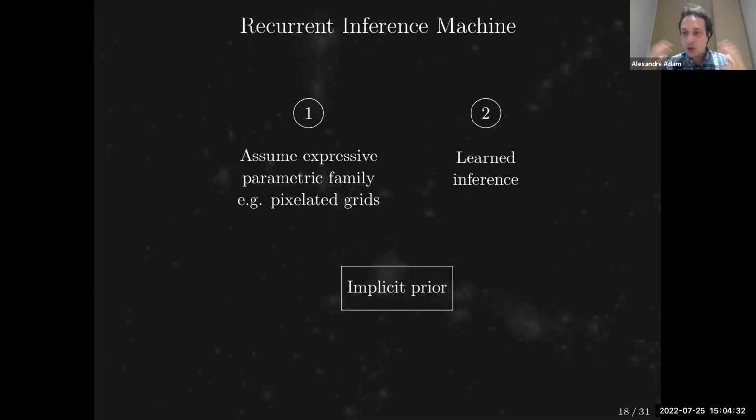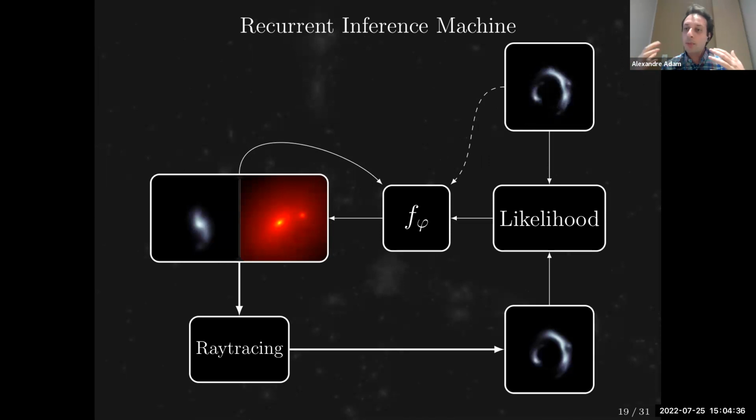This is a very general approach: in any problem where you want to solve with an optimization loop, where you have parameters and a physical model that simulates your data, you can stick a neural network in the middle that takes the gradient of this likelihood with respect to your parameters, and maybe the parameters at previous steps, and loops over like this.